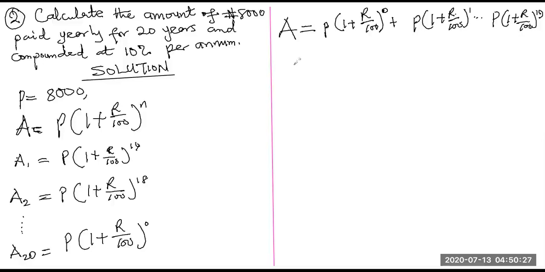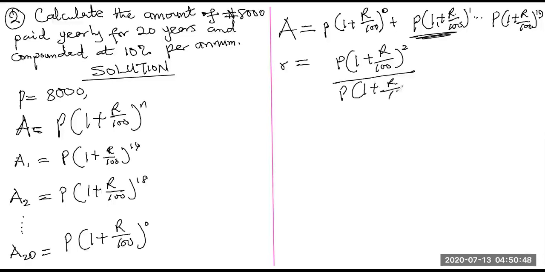Alright, so what is your common ratio? If you're using sum, because you're adding everything now, you discover that this is a GP. So our common ratio is the whole of this divided by this. So it is P into 1 plus R over 100 raised to power 2 divided by P into 1 plus R over 100 raised to power 1, or I can say raised to power 1 divided by raised to power 0, any one.